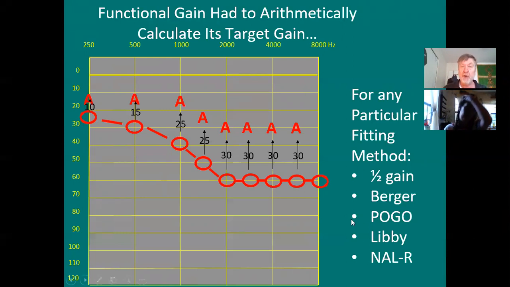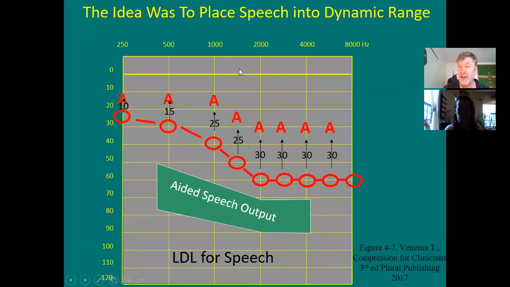So in the old days, we verified with functional gain. You can see the threshold sloping down. The half gain rule specified improving thresholds by half, because if we do that, then you'll get this.